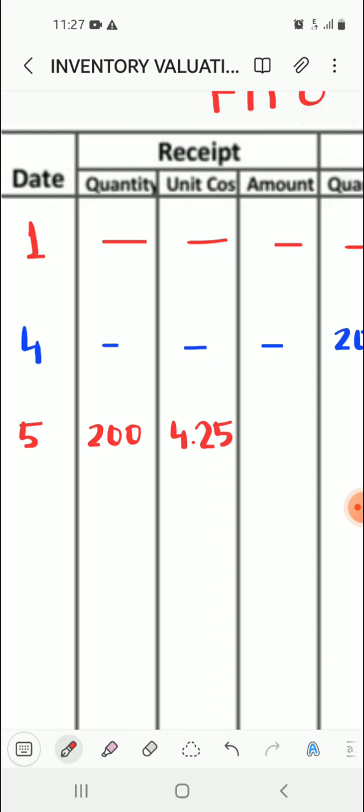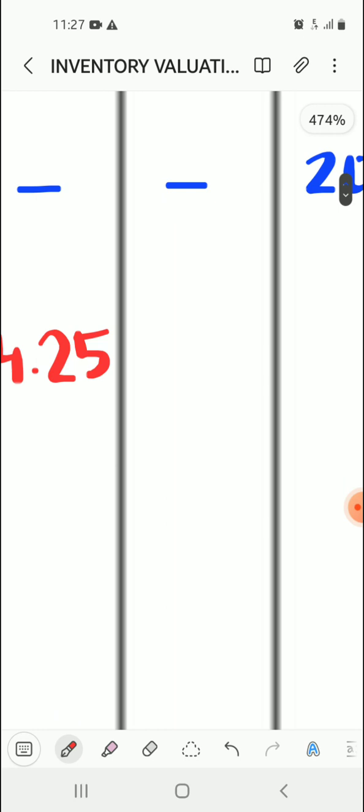Now what we're going to do is simply multiply, that is 200 into 4.25. It comes to 850. So we're going to write it over here in amount, 850.